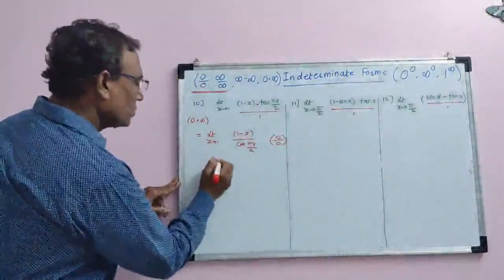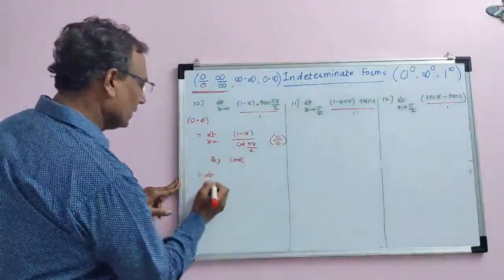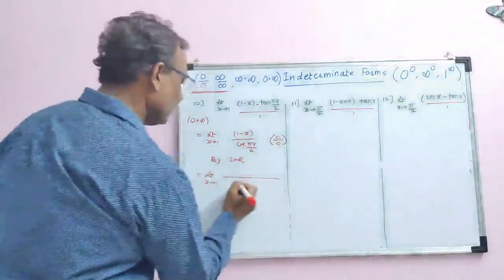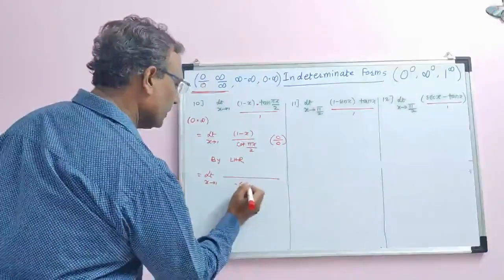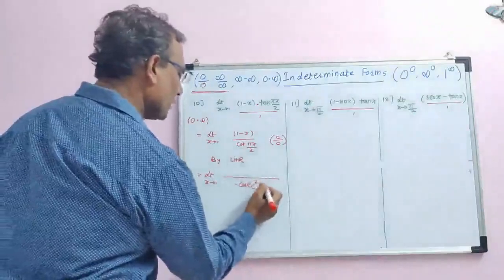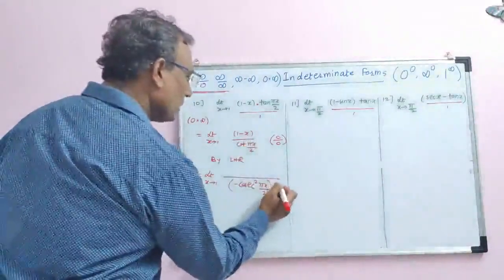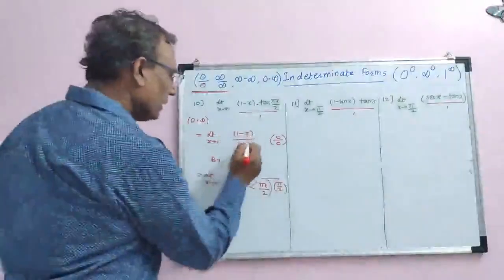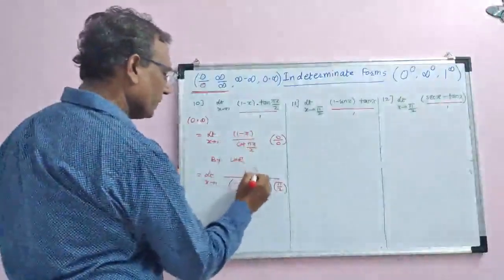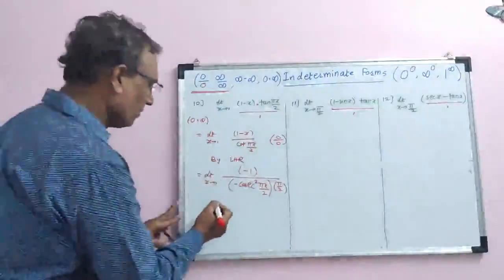Now, by L'Hospital rule, limit x tends to 1, take the derivative of the denominator and numerator separately. The derivative of cot is minus cosec square pi x by 2, and the derivative of pi x by 2 is pi by 2. The derivative of 1 minus x is minus 1, since the derivative of 1 is 0 and of minus x is minus 1.